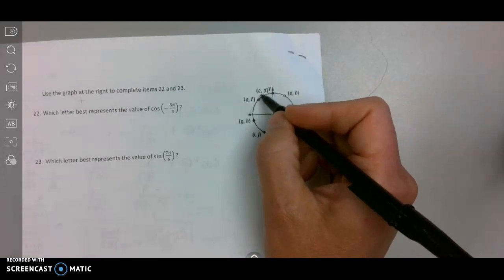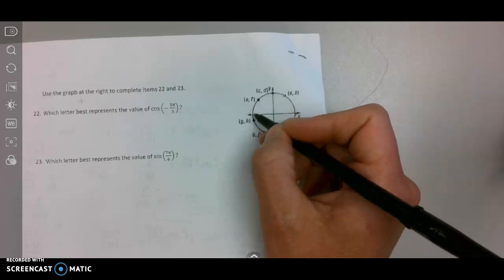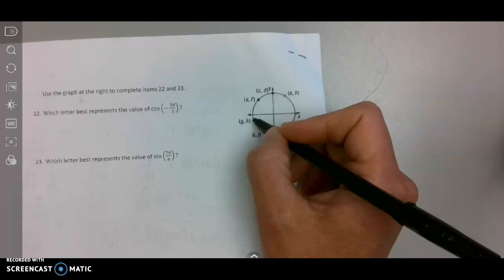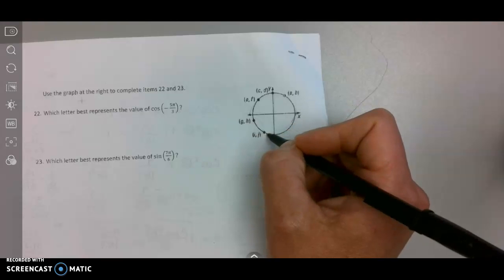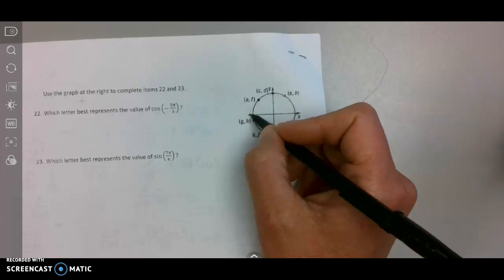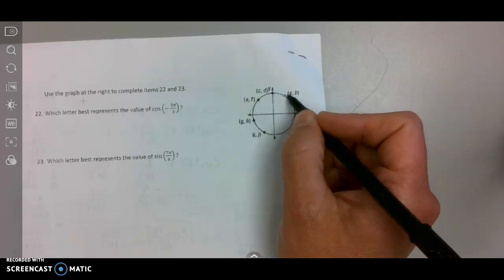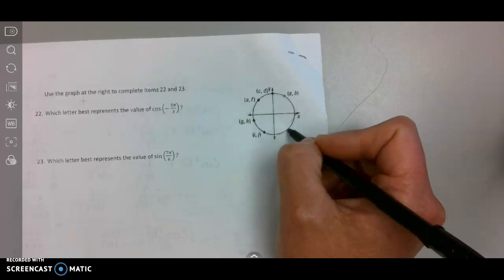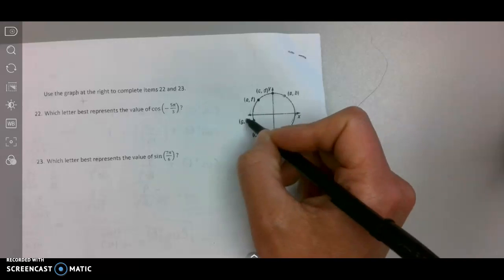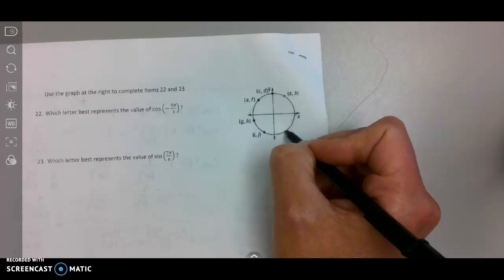Am I saying that correctly? 1 2/3. Yes, okay. So going the other way, it's going to be 1 2/3 of a pi. Oh, 2/3 of a pi is more than half of a pi. I'm so sorry. 1 2/3 would be right here. This is 1 1/2. 2/3 is a little farther.